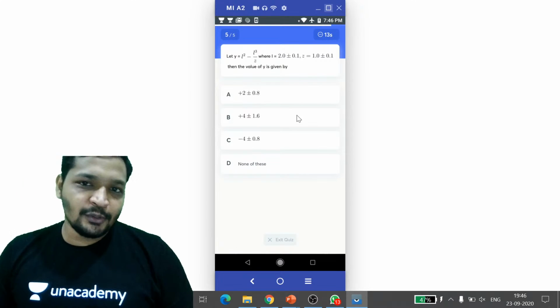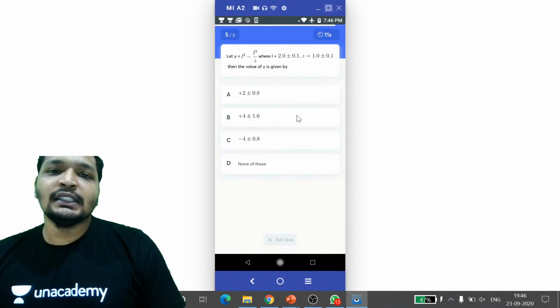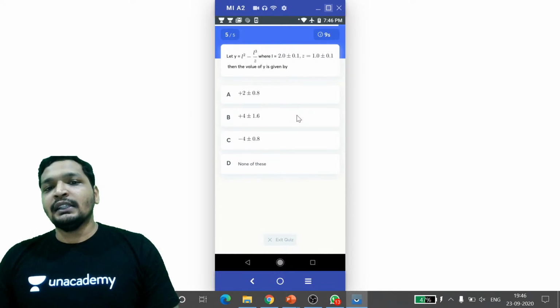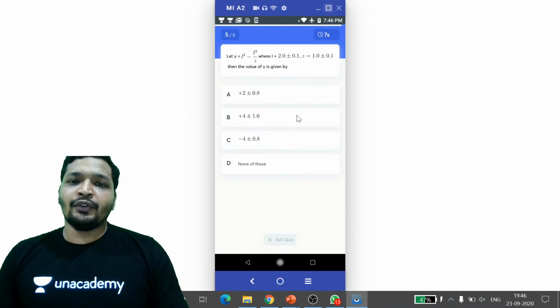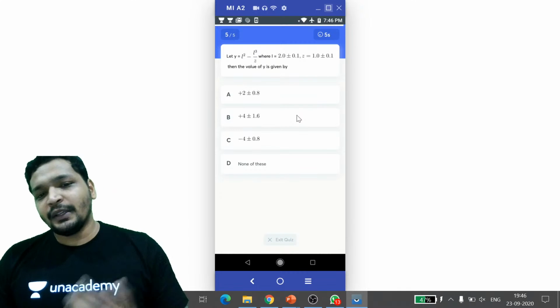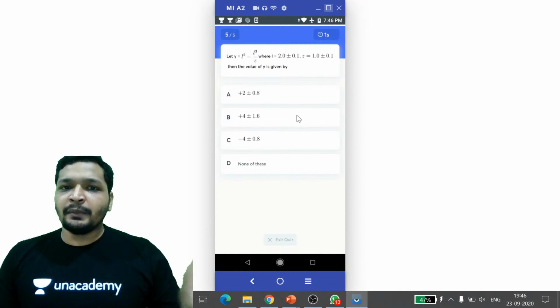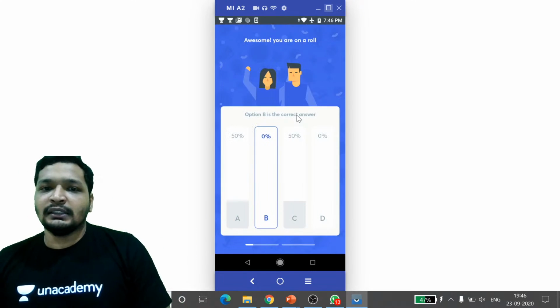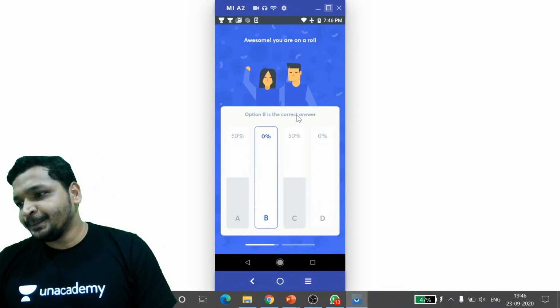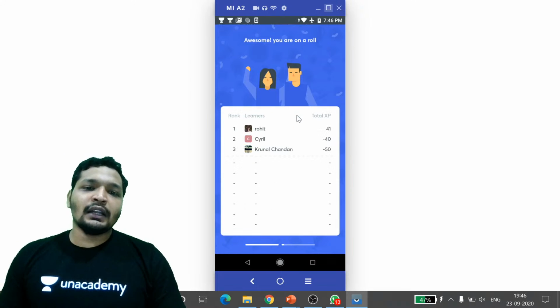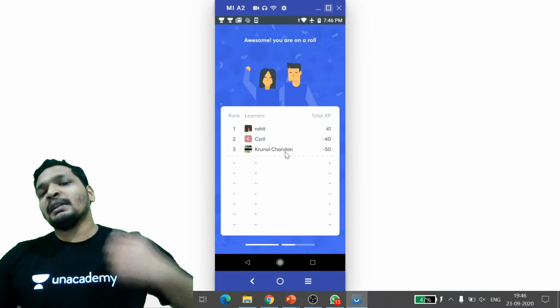But basically, it's L into... you could have done it by taking the error in each one of them and adding them, L cube by Z separately, and you'd get the answer. The timing is a little less, but guys, this is just a practice session, right? It's fine if you have 1 minute or 2 minutes.